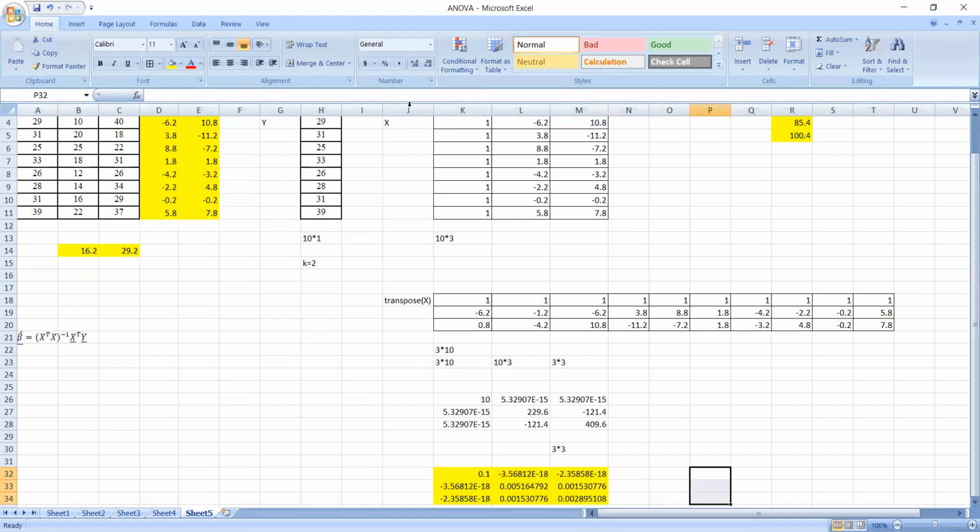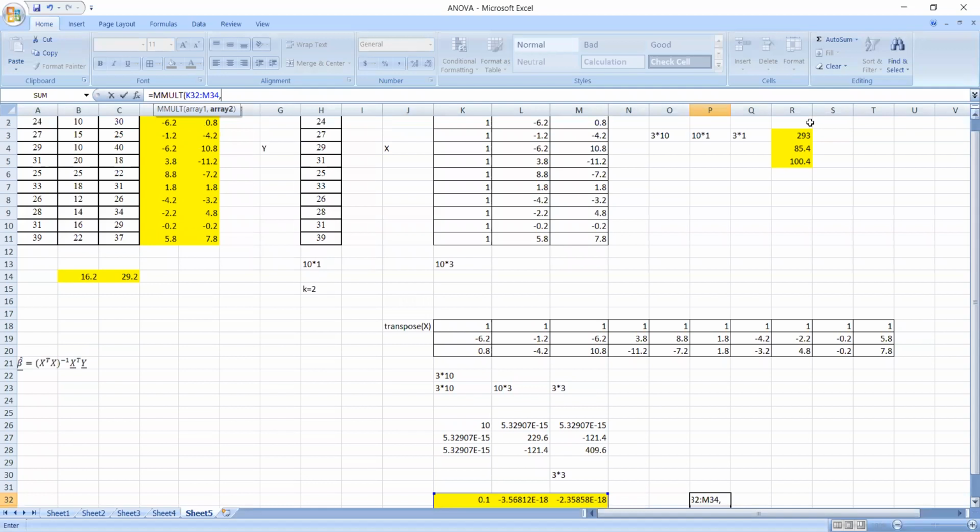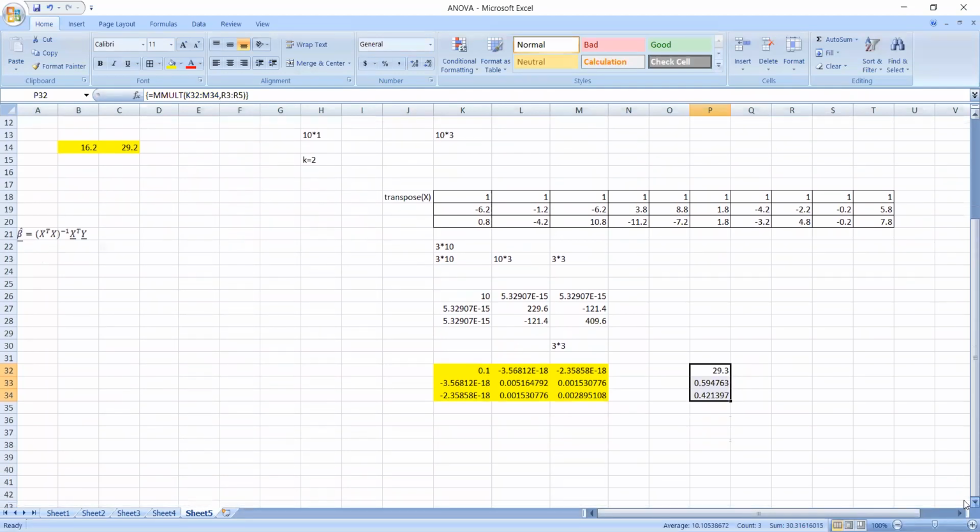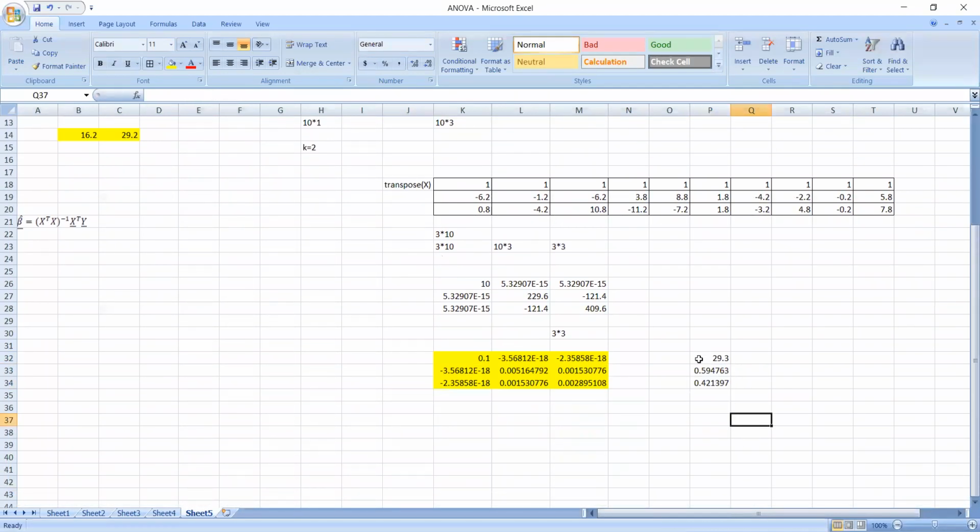I select the 3 into 1 area and use matrix multiplication. X transpose X inverse is this and X transpose Y is this, and Shift Control Enter. These are the results that we obtain when we calculate the values using the matrix format.